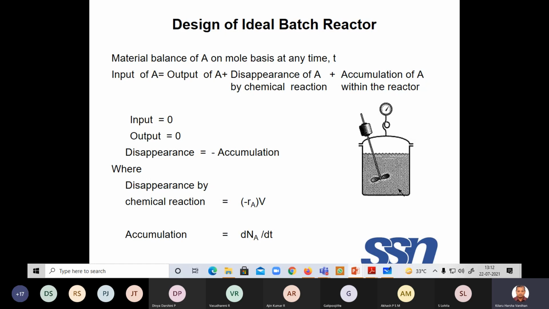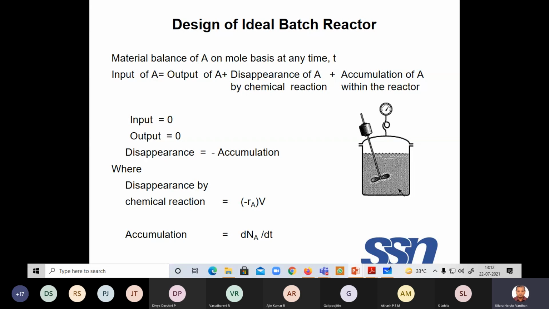For a particular reactor volume, if you expect a conversion of around 90%, in reality it may not come because non-idealities will be present. Just like human beings, we have two eyes, two legs, two hands, but some people may not have one hand or one leg. So you have to live with that non-ideality. The ideal batch reactor does not exist; we use it only for comparison.